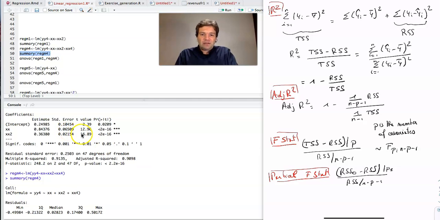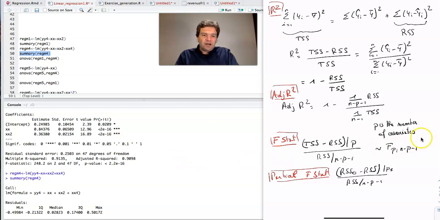Here it is the case, because adding a covariate which makes no sense, the height, does not really increase the explanatory power of the model.